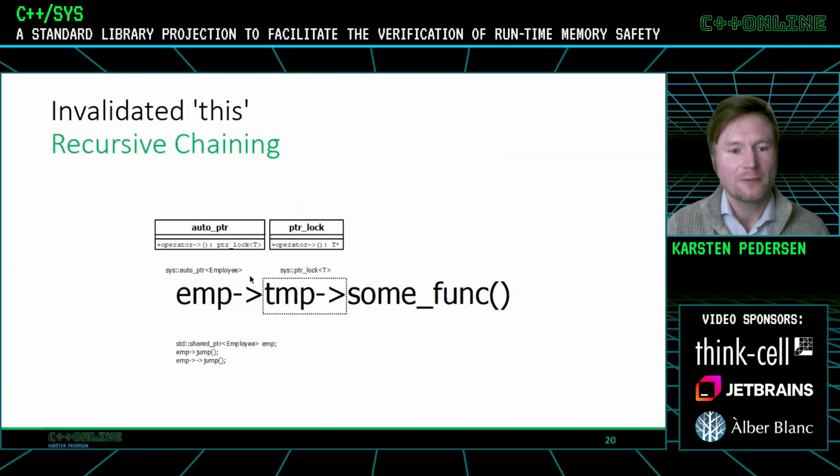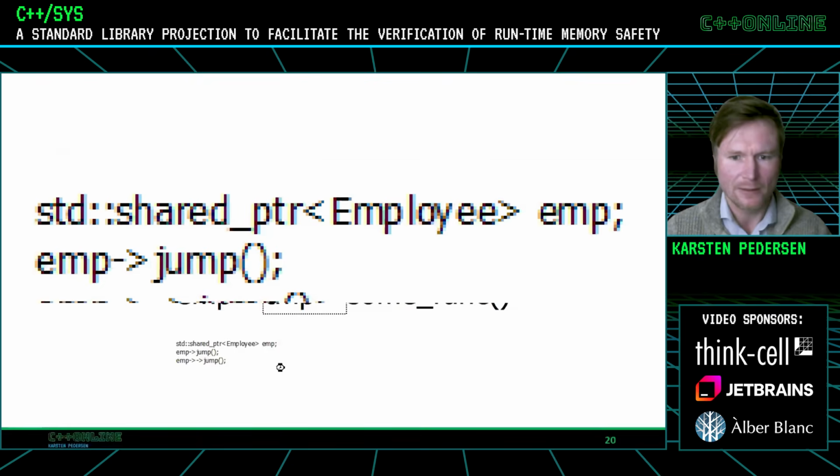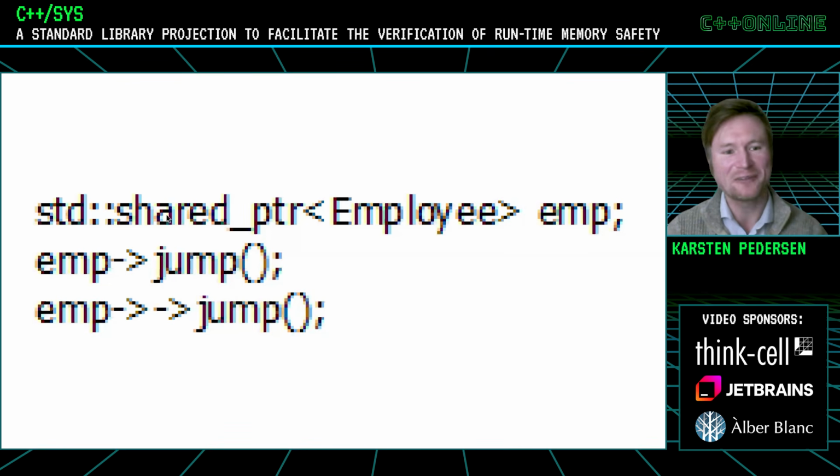So recursive chaining, how it works, most of you will know this already, but essentially if we start down here, let's make that a little bit bigger. It's nice and pixelated. So effectively we have a shared pointer, so the standard shared pointer employee. When we call the dereference operator and call jump on employee, it's actually doing two things.